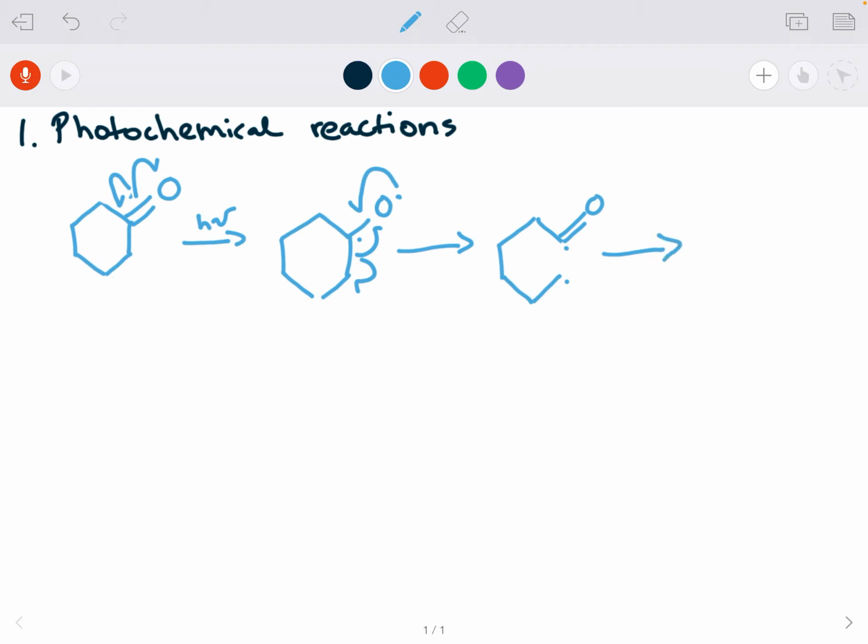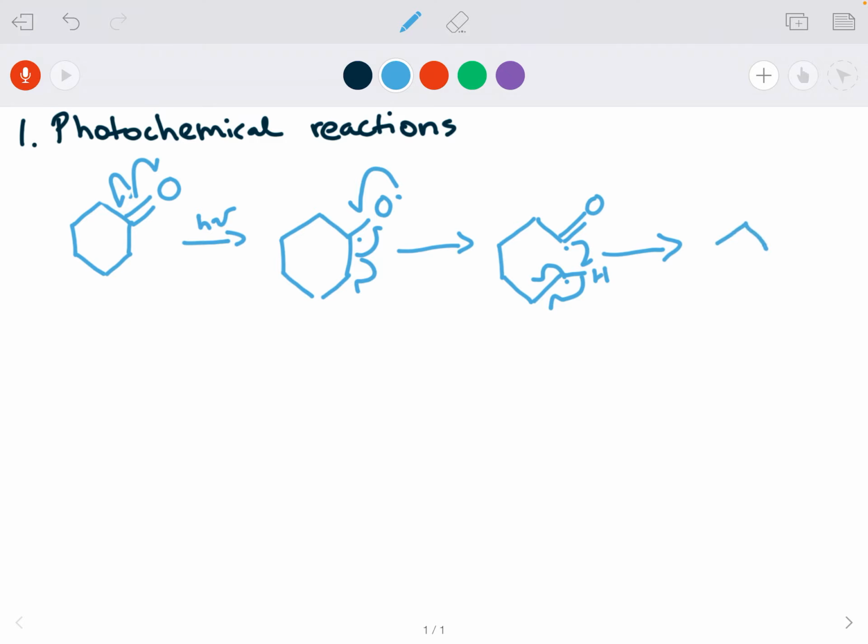The last step of this, I'm going to draw in the hydrogen here because we're going to have a hydrogen abstraction. Free radical here comes to that bond between the carbon and the hydrogen. And then the other electron from this bond will join with the radical to form a carbon-carbon double bond.